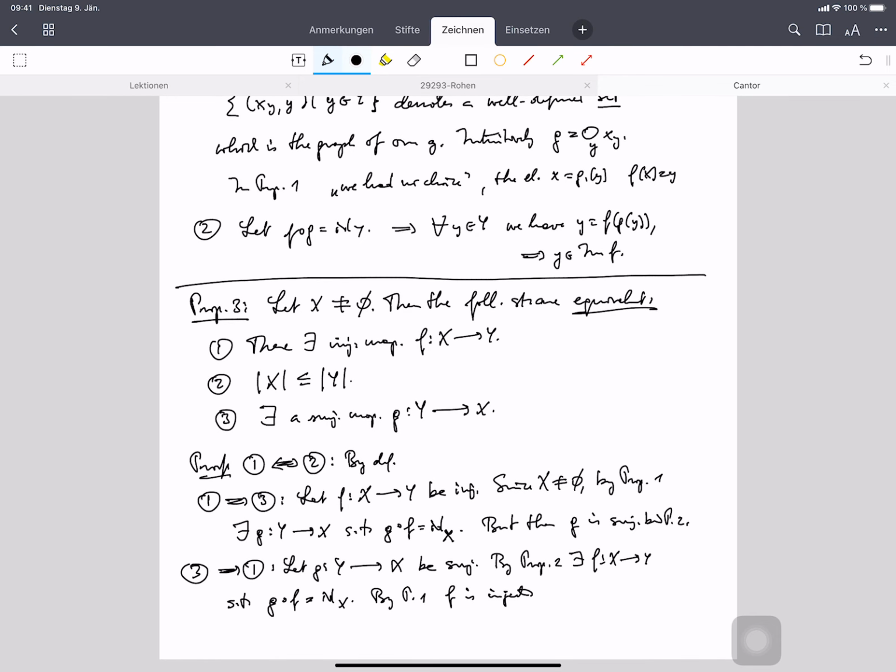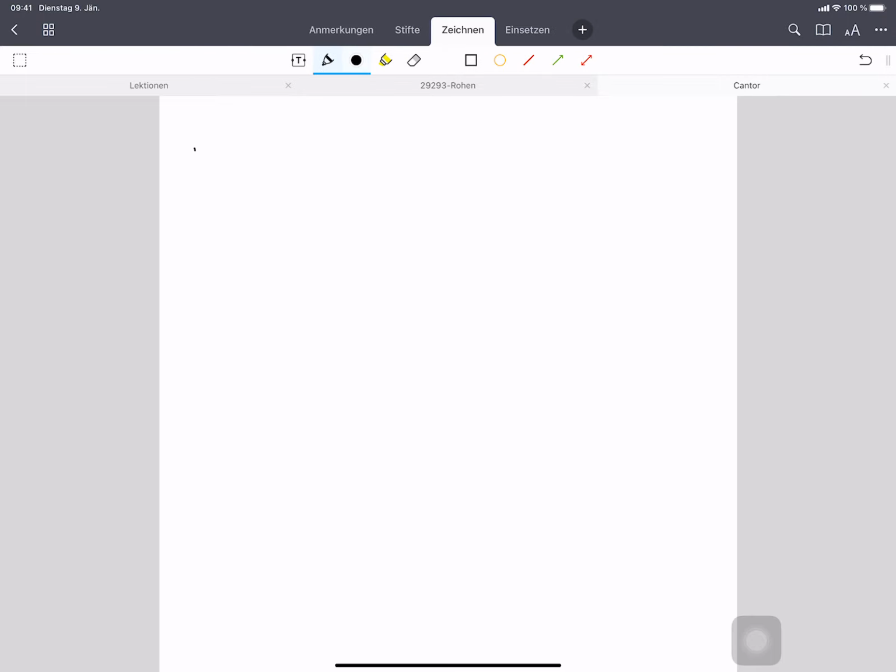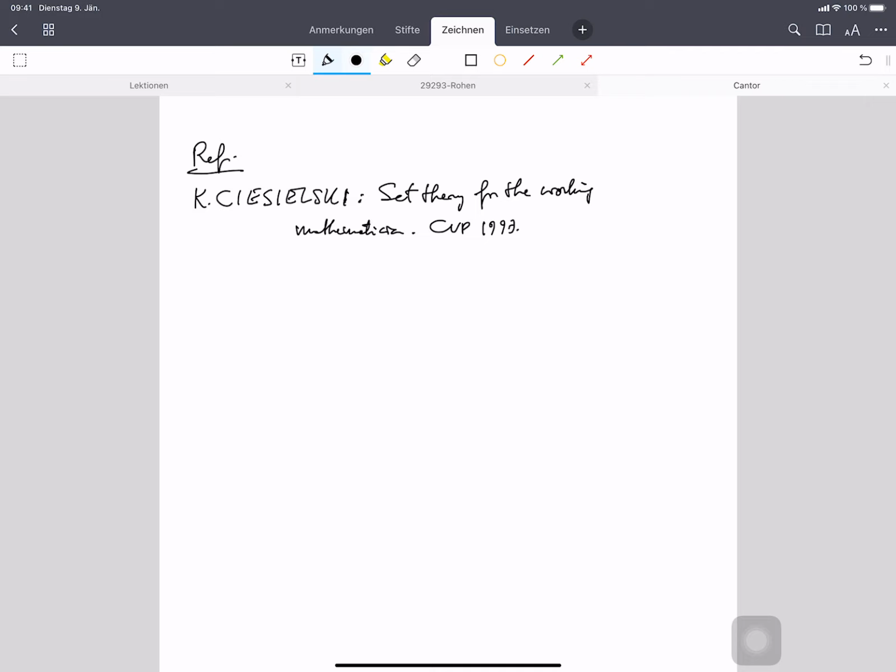This is everything. I would also indicate some references. Cichoń... Czyżewski, Set Theory for the Working Mathematician; in German, Oliver Deiser, Einführung in die Mengenlehre, Springer 2004.